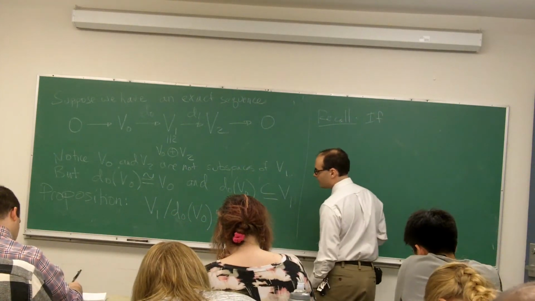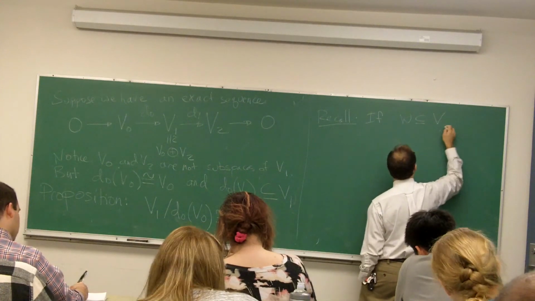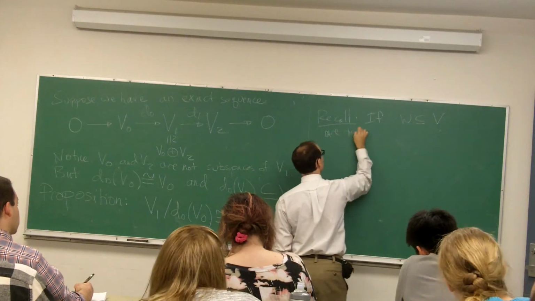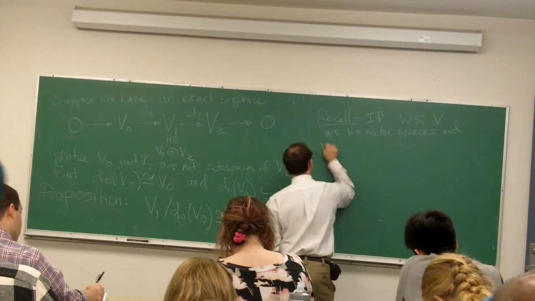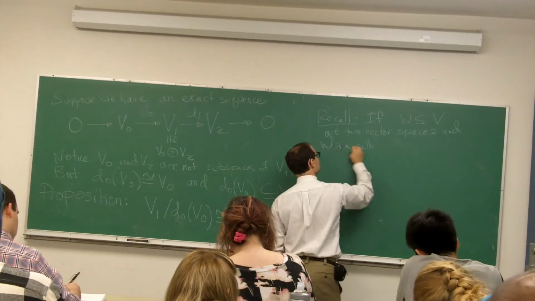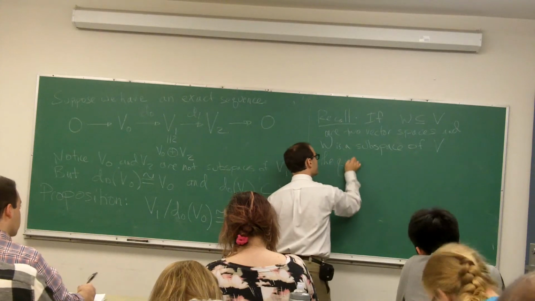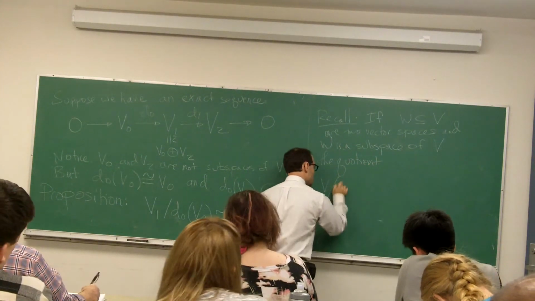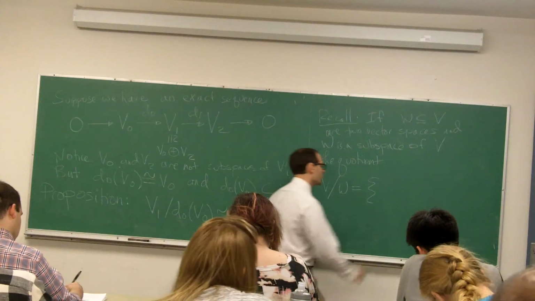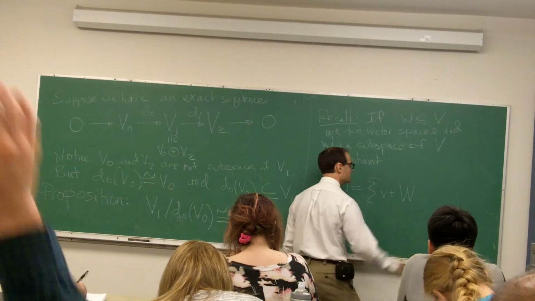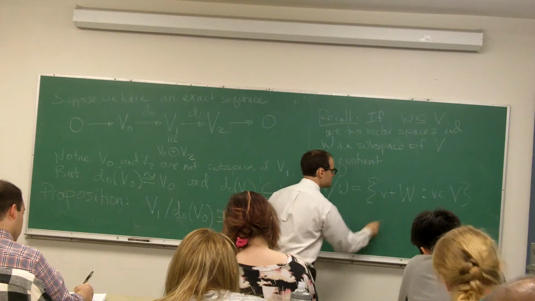If I need some more vector spaces, let's say W and V are two vector spaces, and W is a subspace of V, then the quotient V/W is the set of all, it's a set of sets, v plus W, where v is in V. So the thing to realize here is this is a set.